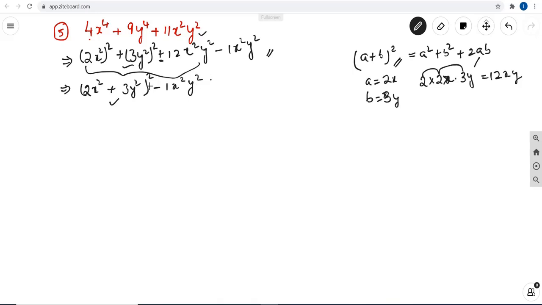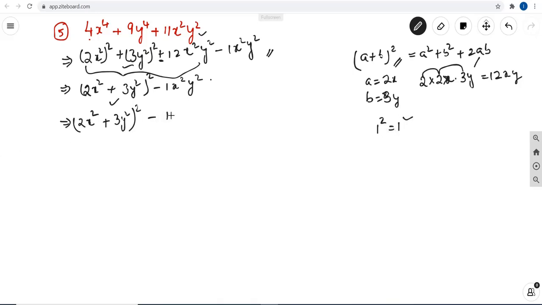Okay. So one more step, if you want, you can write down here. So this one I will write as same as it is, (2x² plus 3y²) whole square minus 1. I can write 1 as 1 square, that is nothing but 1 into 1, I'm going to get 1 only.